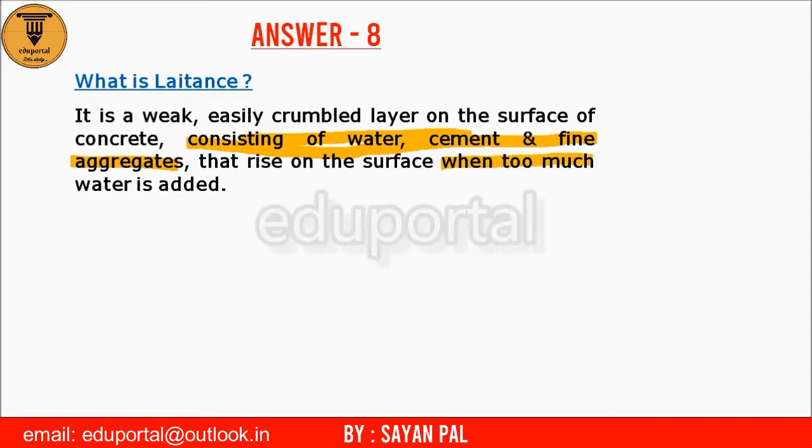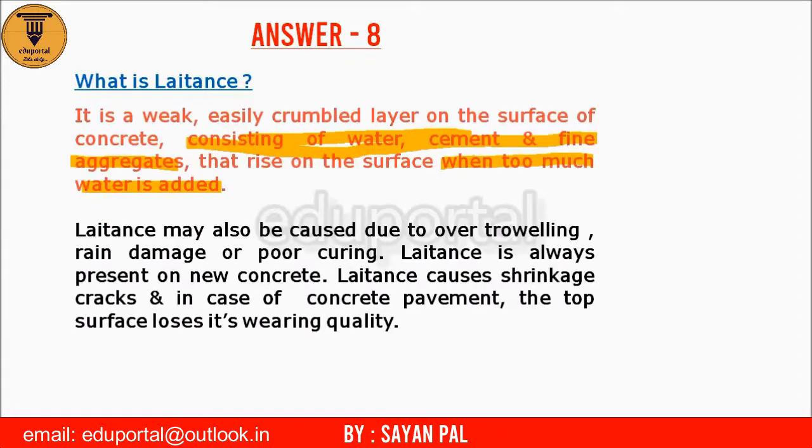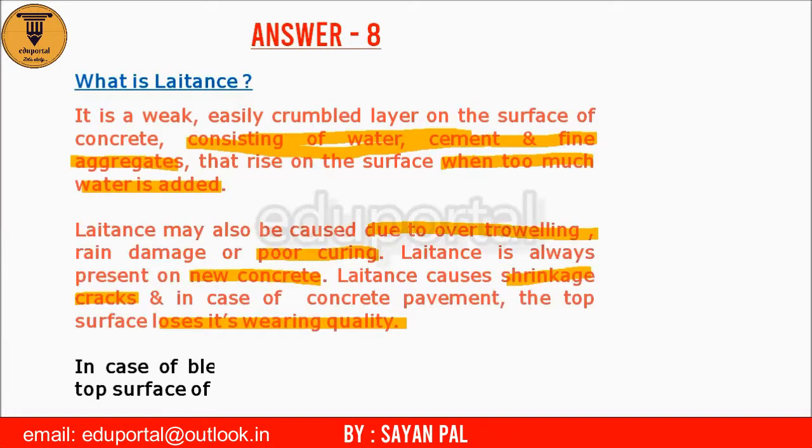It can also be caused by over-trowelling, rain damage or poor curing. It is always present on new concrete, and it causes shrinkage cracks. In case of concrete pavement, the top surface loses its wearing quality.